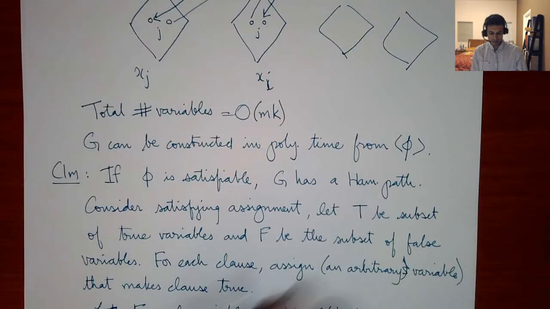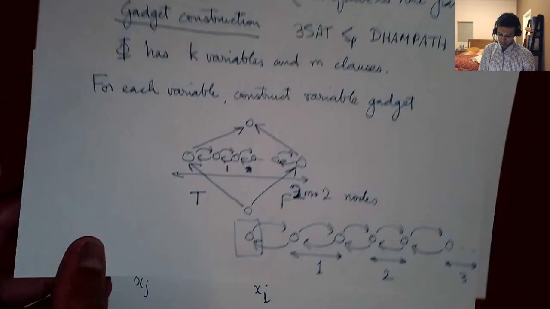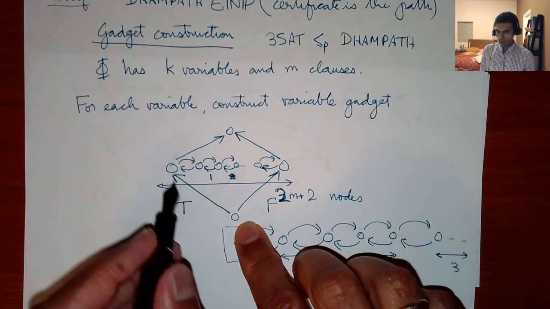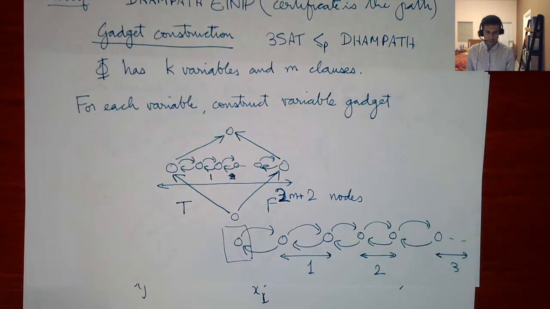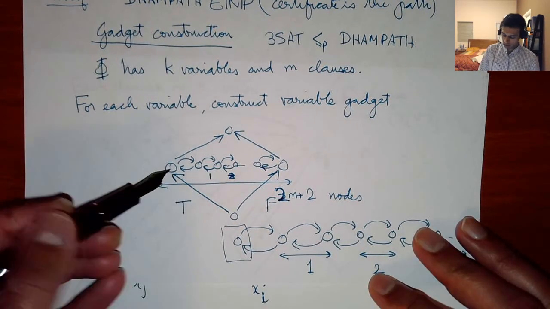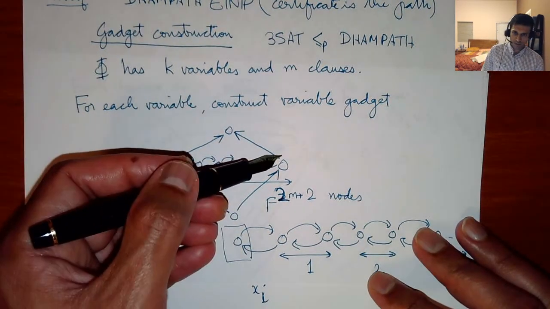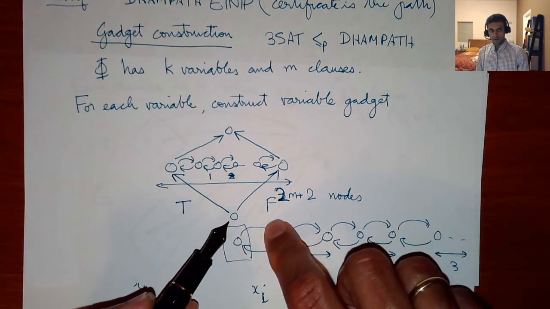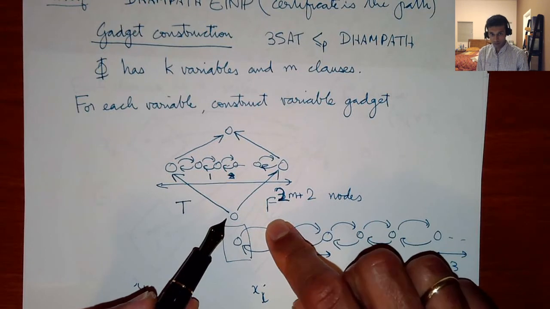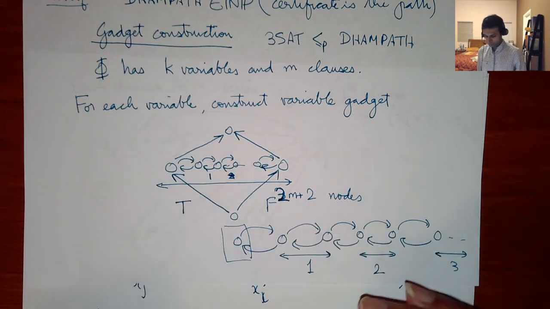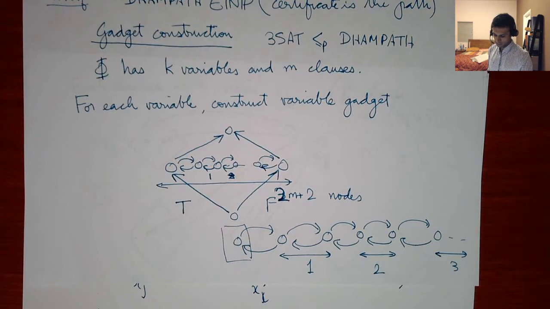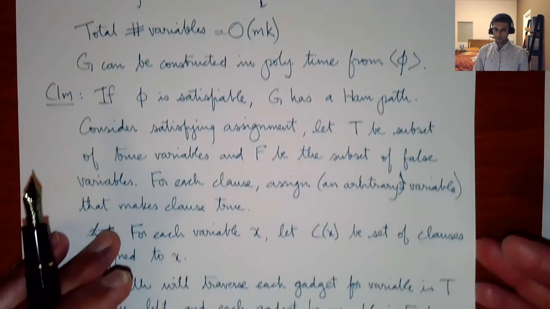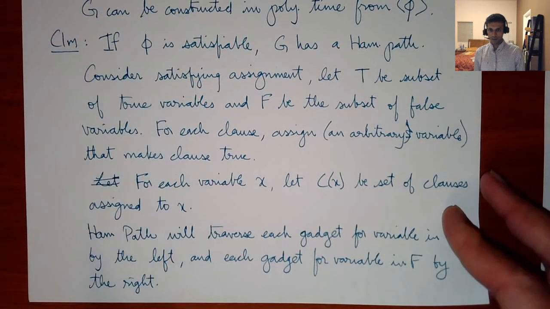What this means, and as I said earlier, is that for a variable that is going to be true, we will go this way. We will go to the left, and then traverse in this direction and then go back. For a variable that is false, we traverse in the opposite direction.